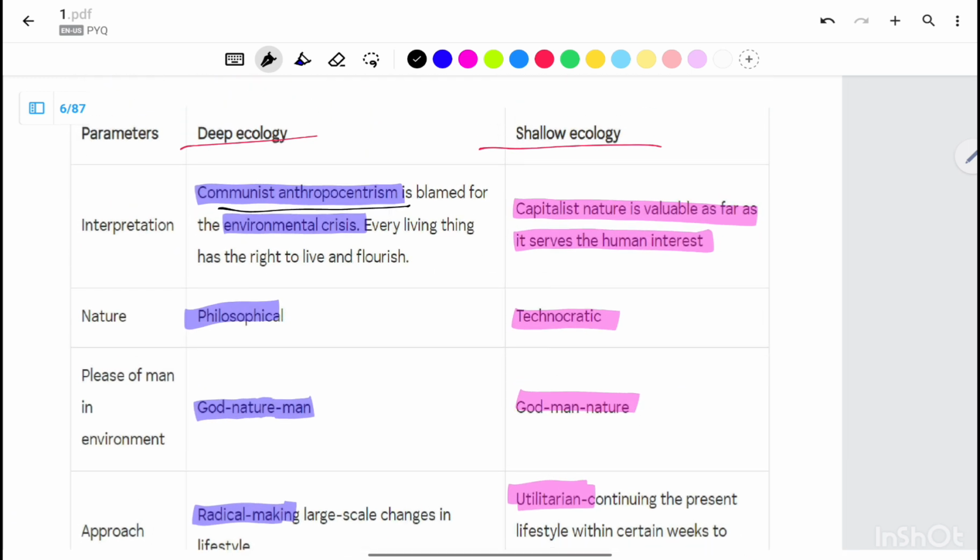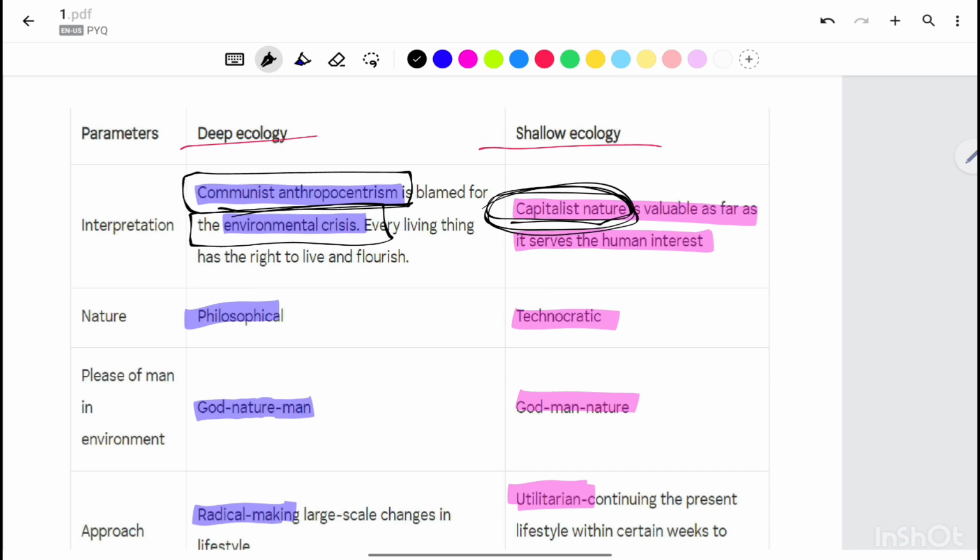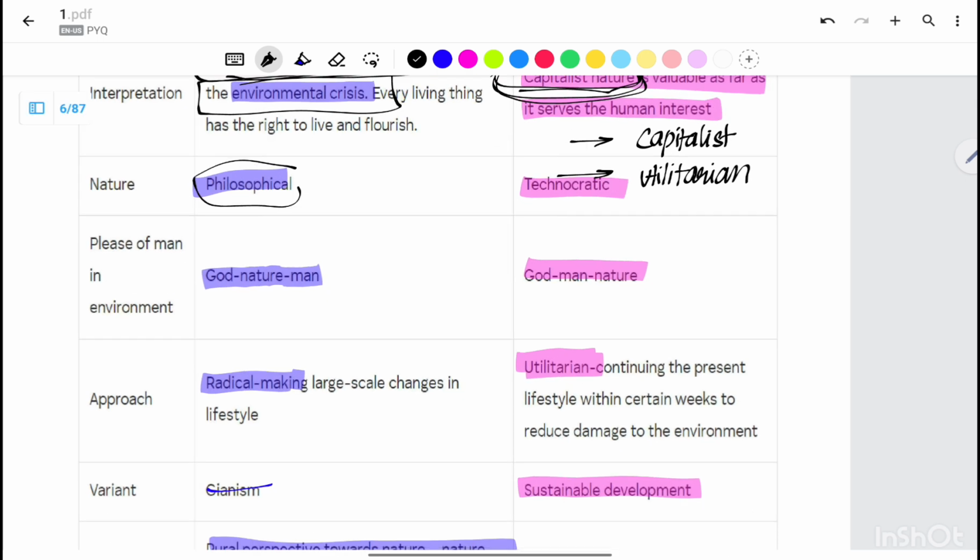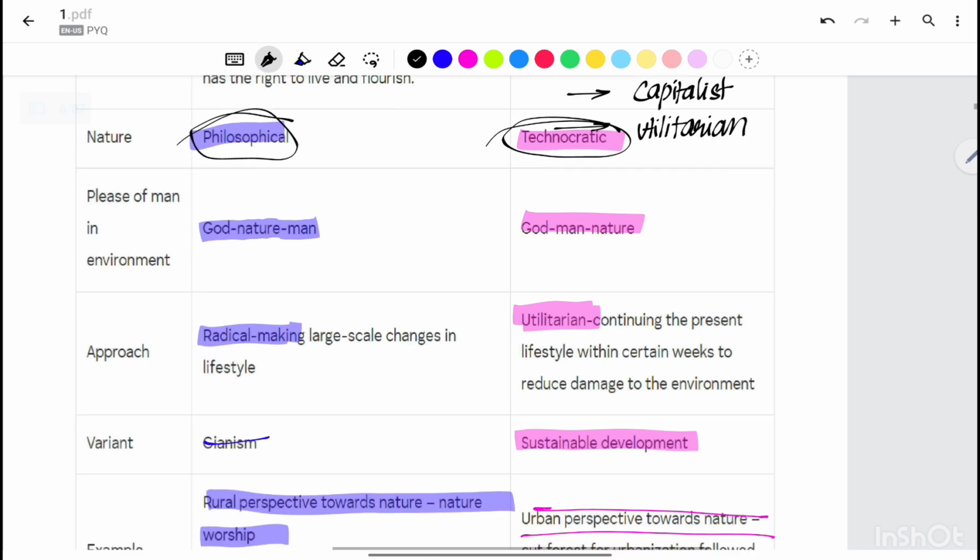Now anthropocentrism is a reason here, and capitalist is over here. Capitalist, and then you also have utilitarian. Utilitarian is also over here. So the capitalist as well as the utilitarian. This is philosophical and this is technocratic.